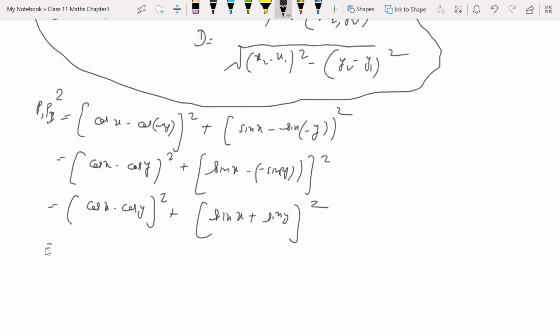And if we apply the formula of (a minus b) whole square and (a plus b) whole square, then it becomes cos square x plus cos square y minus 2 cos x cos y plus sin square x plus sin square y plus 2 sin x sin y.